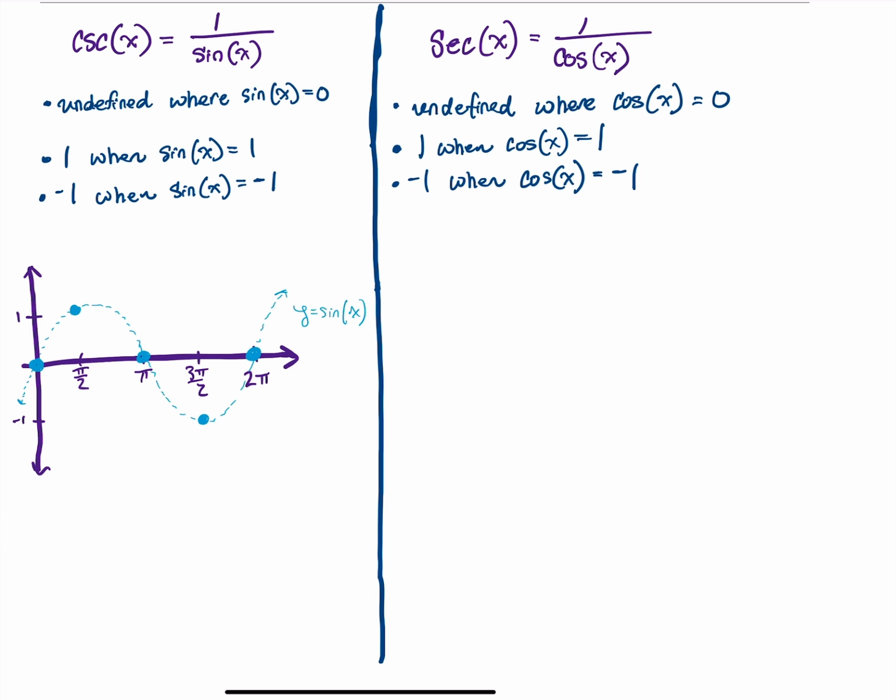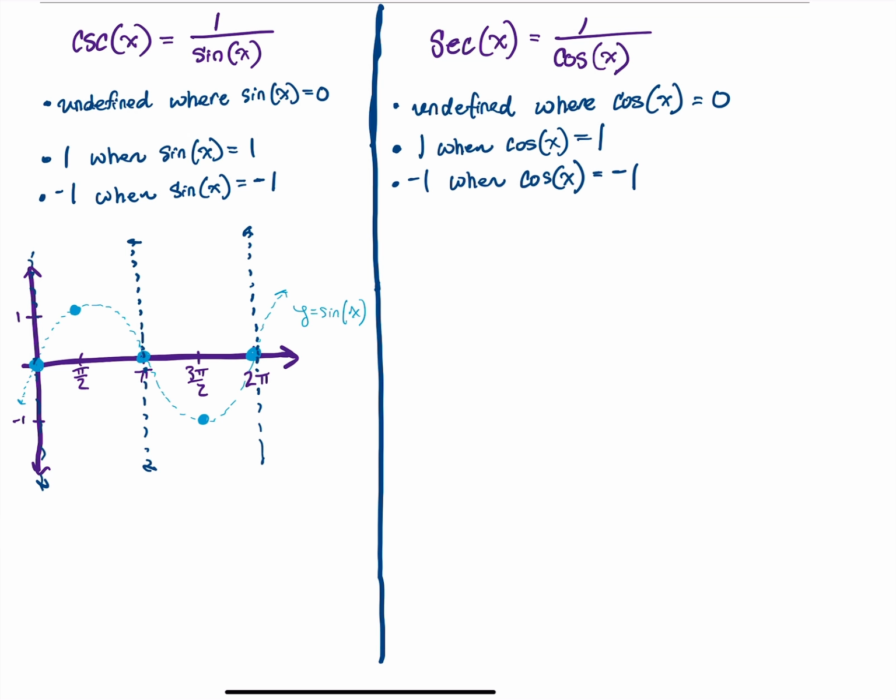So we're saying our cosecant graph should have asymptotes wherever the sine of x is equal to 0. So that means at all of these intercepts, we should have vertical asymptotes for our cosecant graph. So I'm going to go ahead and place those. So here at pi, here at 2 pi, also at 0, and this will continue both directions.